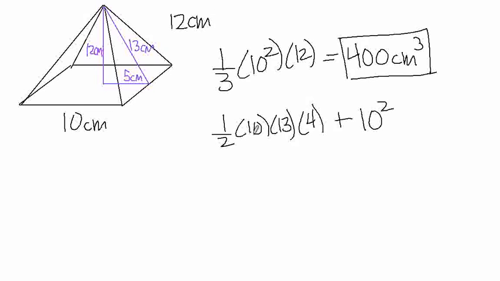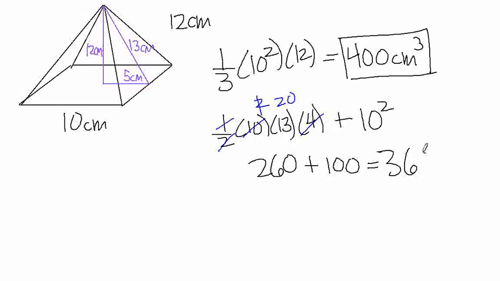So let's do some simplification first. 4 times 1/2 gives 2. 2 times 10 gives 20. 20 times 13 gives 260. So we've simplified the expression to 260 plus 100, which gives 360 square centimeters. Okay?